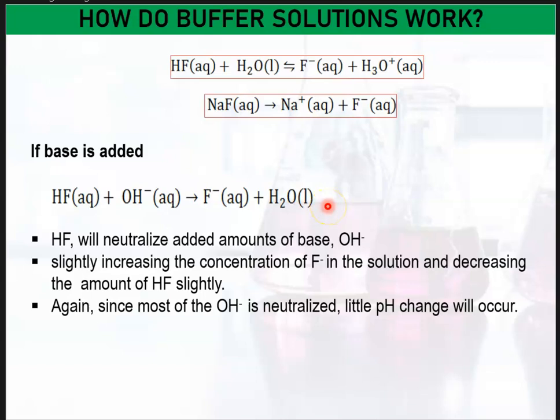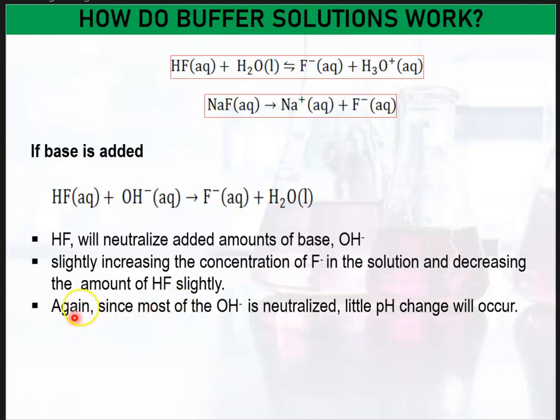So you see on the product side there is no H plus, there is no OH minus. So when there is no free H plus or OH minus, the pH won't change much. It will just increase slightly. Maybe from 8.05, it might increase to 8.17.